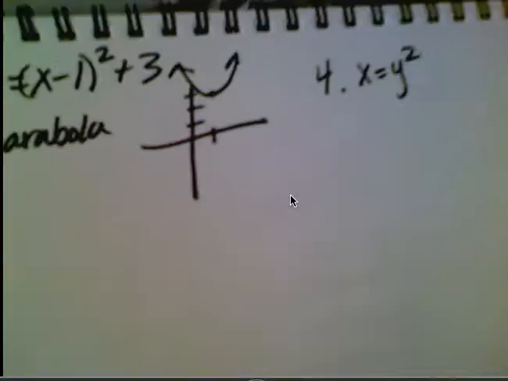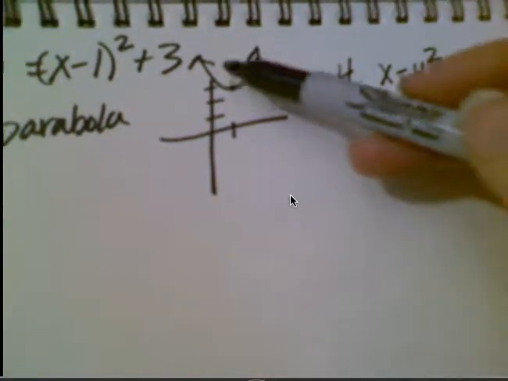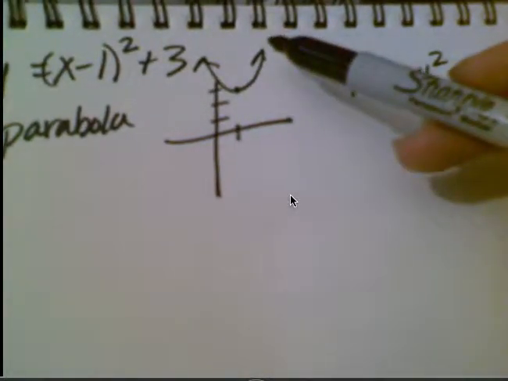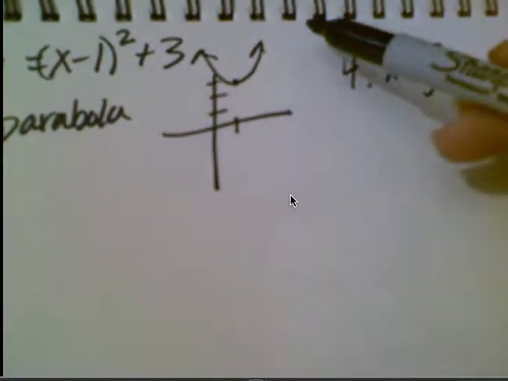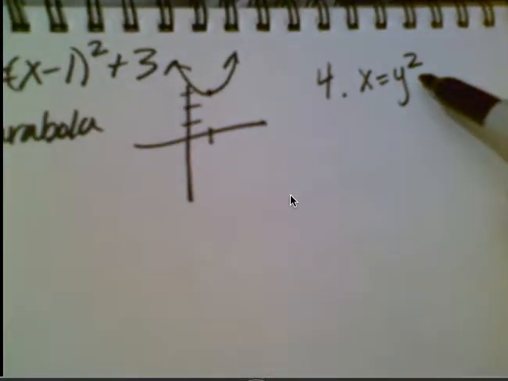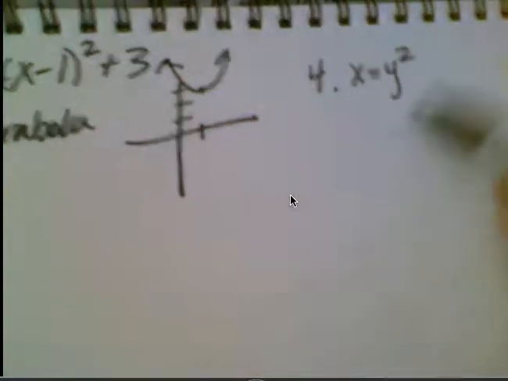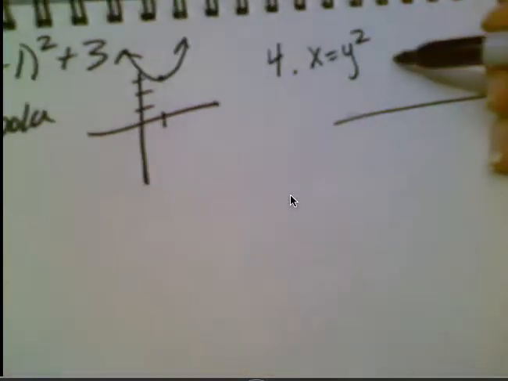Compared to, look at number 4. Number 4 is also a parabola. It's x equals y squared. Now how I can tell the direction of this one is which variable is squared. In this one, my x is squared, so it's going to be a vertical parabola. Okay, and in this one, my y is squared, so it's going to be a horizontal parabola. Now we don't normally cover that in the beginning of algebra.